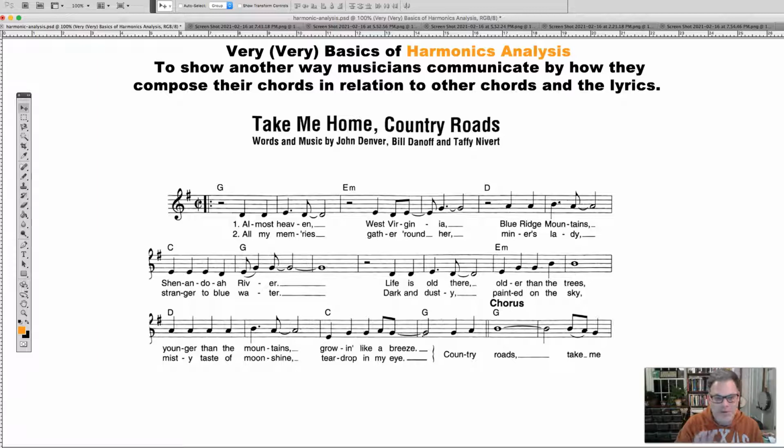Not a protest song, but that's okay because this will help illuminate certain things for us.